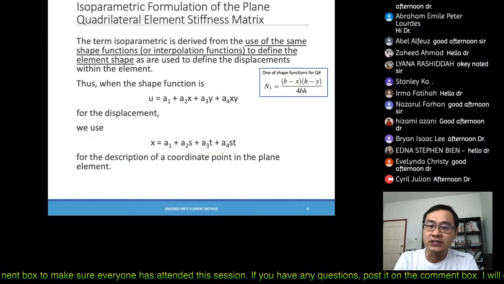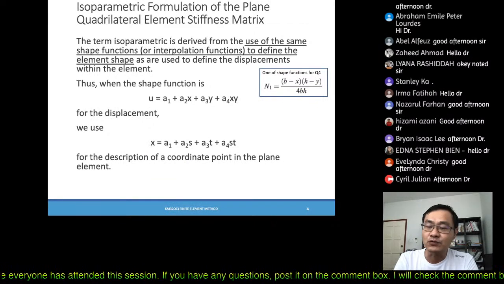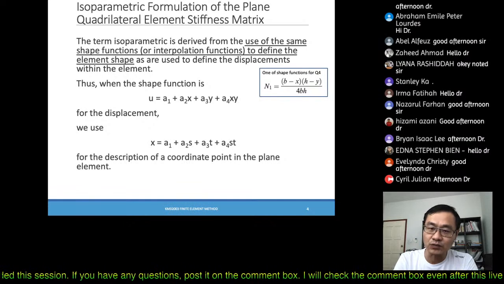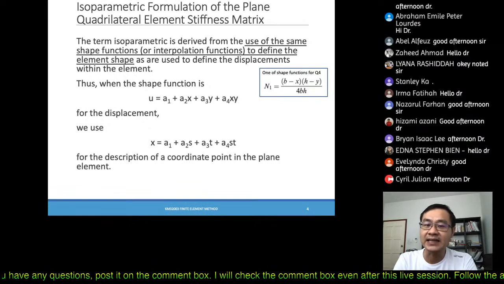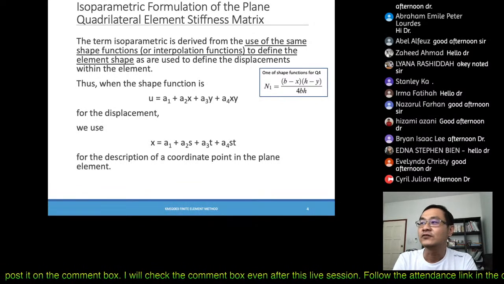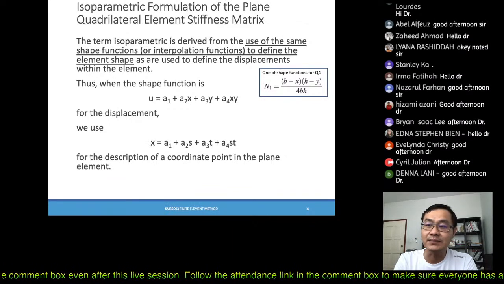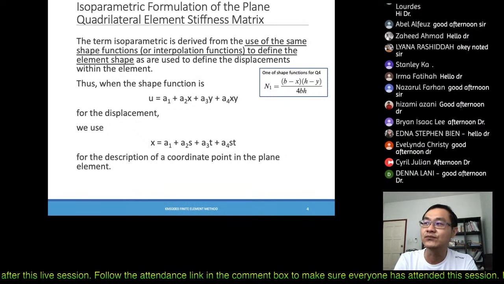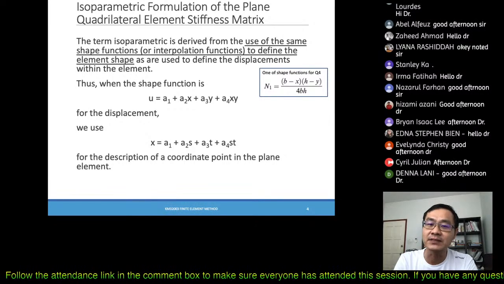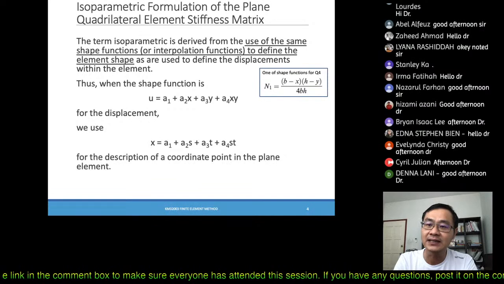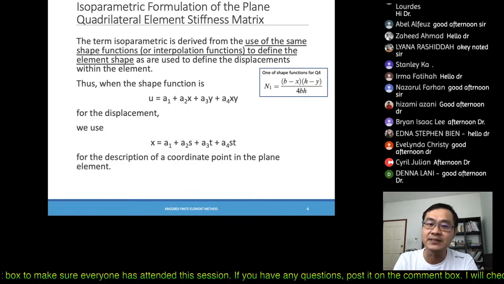For this course we will only deal with plane types of elements, from the simplest one-dimensional bar elements, then we move into the two-dimensional plane type elements.